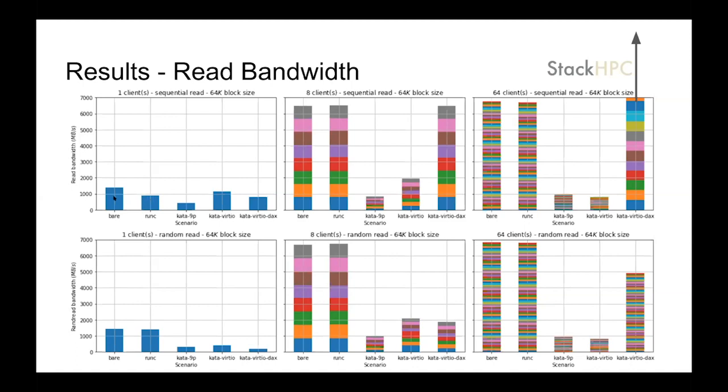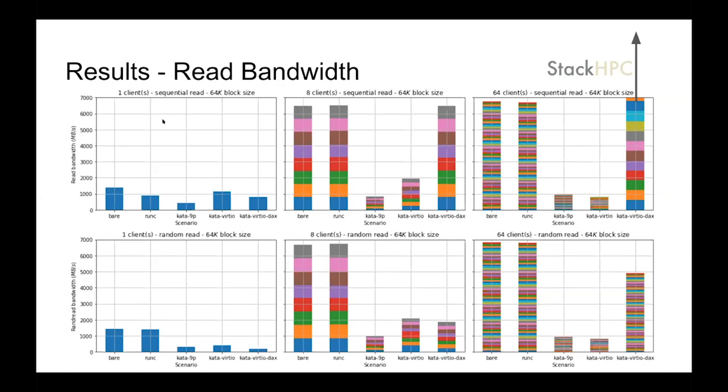And as you can see, there isn't a whole lot of difference between bare metal and runC as you increase the number of clients. So basically the number of processes which are trying to write to a parallel file system volume all at the same time.